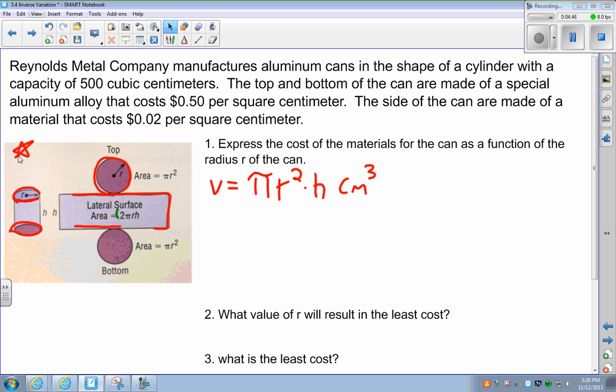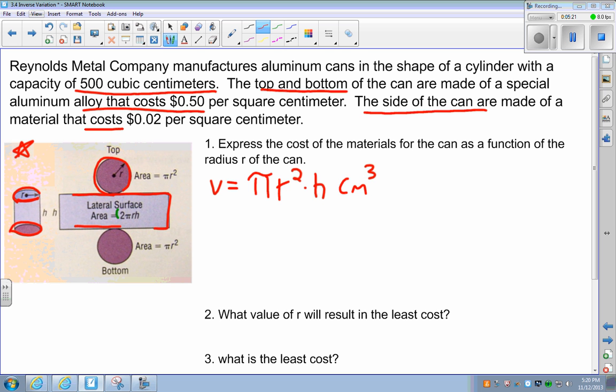Okay. Now that we've just gone over that, I want to go ahead and read the question. Reynolds Metal Company manufactures aluminum cans in the shape of cylinders with a capacity of 500 cubic centimeters. Okay, so our volume is going to be 500. The top and bottom of the can are made of a special aluminum alloy. It costs 50 cents. So the top and bottom are going to be made out of that material. And the side of the can is made out of material that costs only 2 cents.